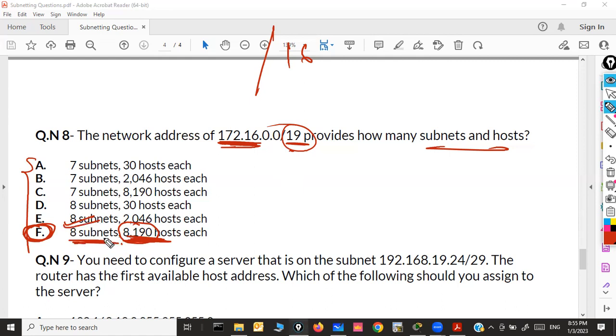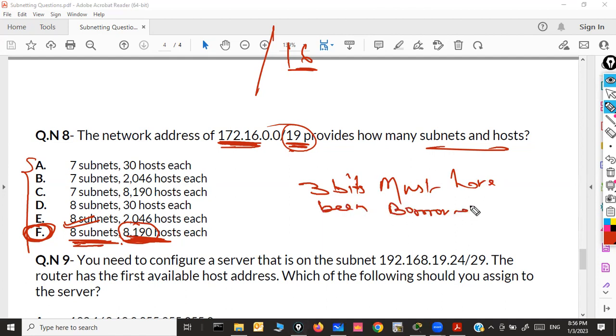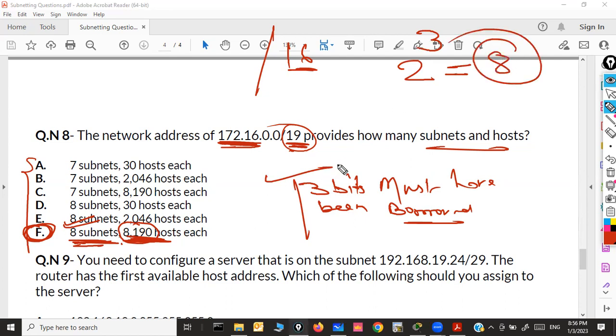Here we can see /19, and the default is /16. So definitely 3 bits must have been borrowed from the host portion, and 3 bits means 2 raised to the power 3 subnets, that is 8 subnets.